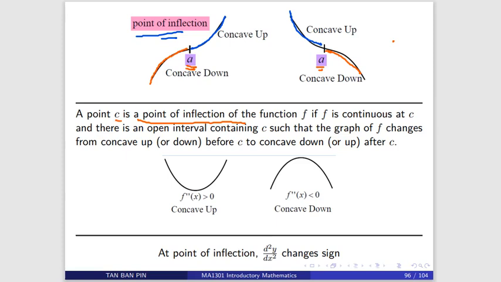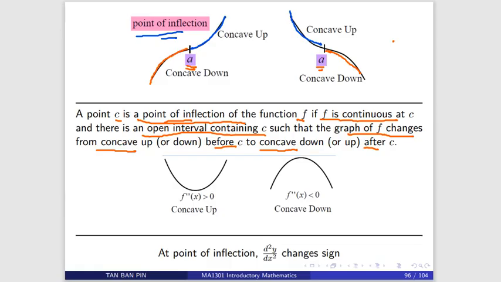A point C is called a point of inflection of the function f if f is continuous at C and there's an open interval containing C such that the graph of f changes curvature from concave up before C to concave down after C, or the other way around.